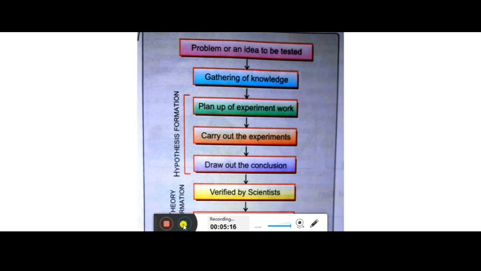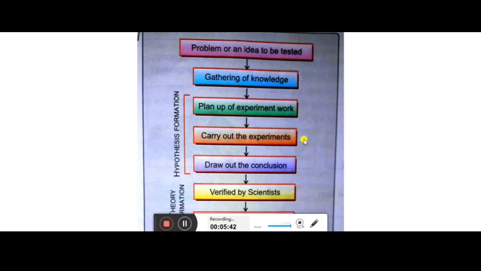Now this hypothesis has to be tested, and then the scientific designs will be done. First we do the planning of the experimental work, that means how the experiment should be adapted or performed.